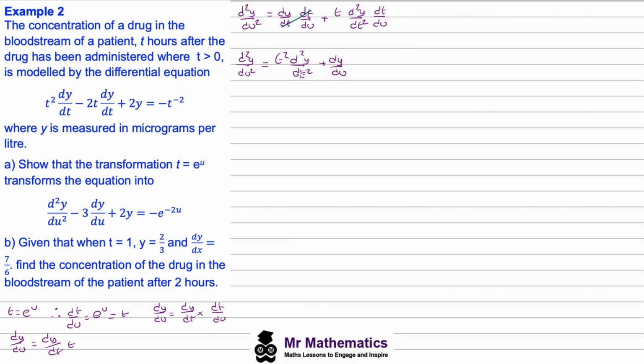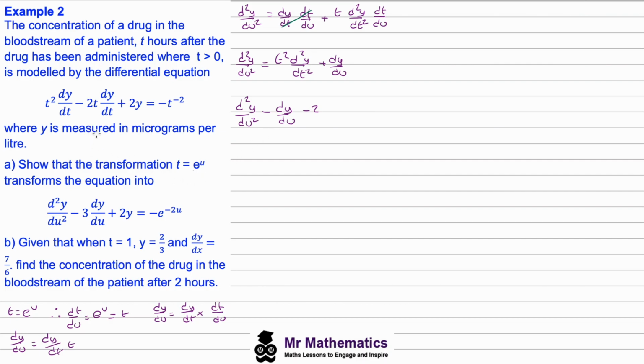Okay, so now we can substitute these expressions for dy and dt back into here. So t squared d2y over dt squared we have here, so we can substitute in d2y over du squared minus dy over du. Then we've got minus 4.